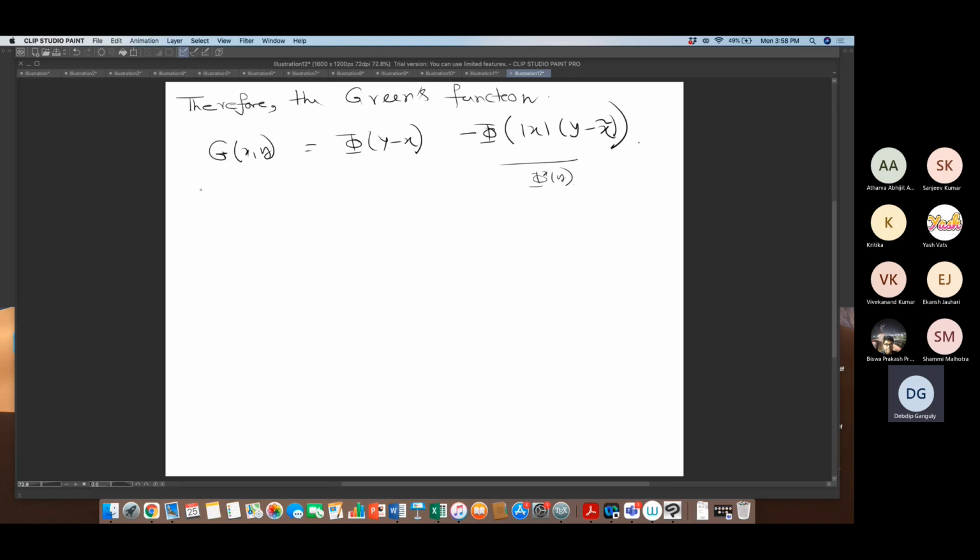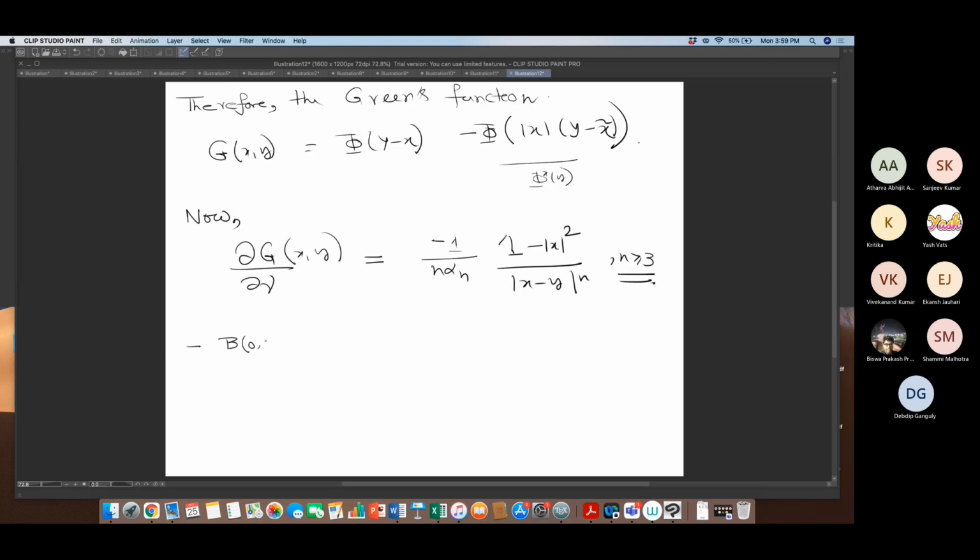Now again we want to compute del G by del nu. If you compute, you will see that this is nothing but minus, mod x squared by, for n greater than or equal to 3. Clear? Okay. Now whatever we have done is for B 0 1.